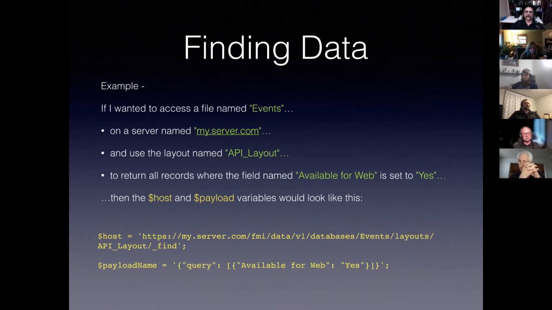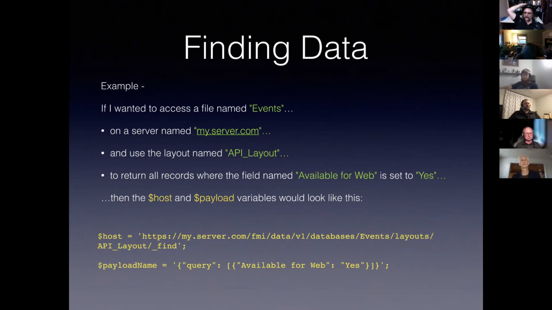Here's a better example. So if I wanted to access a file named events on a server named my server, using the layout in FileMaker named API layout, and I wanted to find all records where a field named available for web is set to yes, that's what my data would look like. I'd set the host to the find URL with the correct database name and layout name.